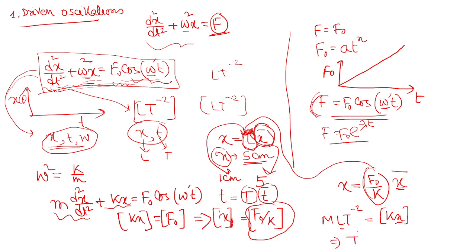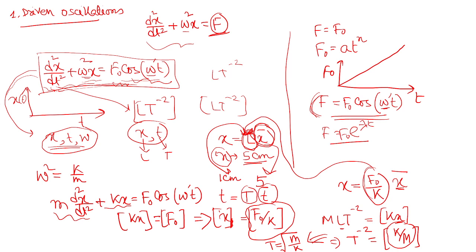So t to the power minus 2 should have the dimension of k by m. That means the dimension of k by m is equal to the dimension of t to the power minus 2. So what will be the dimension of t then? So t will be root under m by k. Is it clear?